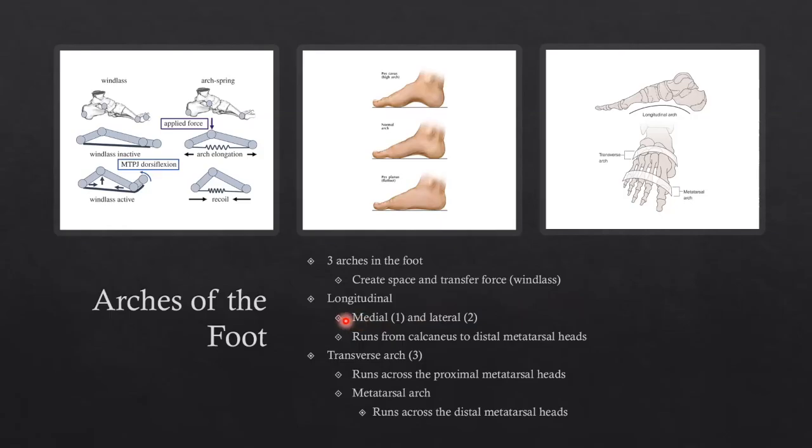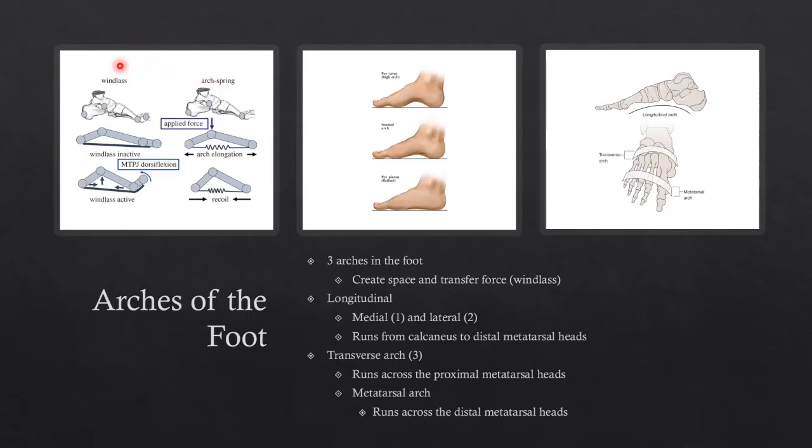And this arch is incredibly important because this is one of the main arches that are used to dissipate our forces. We notice here to the image on your left, we have 2 different mechanisms that illustrate the medial longitudinal arch's contribution to our ability to walk and dissipate forces. These mechanisms are the windlass and the arch spring.